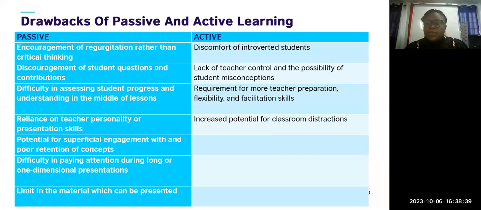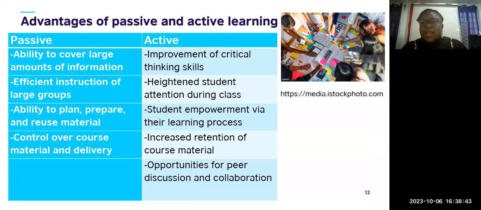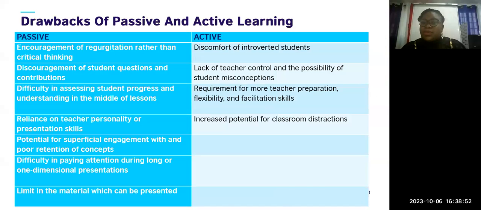Now, I want us to observe something. When it comes to the advantages, we realize that we have more advantages for active and fewer for passive. And when it comes to the drawbacks, we realize that we have more drawbacks for passive and fewer drawbacks for active. So what are we saying?